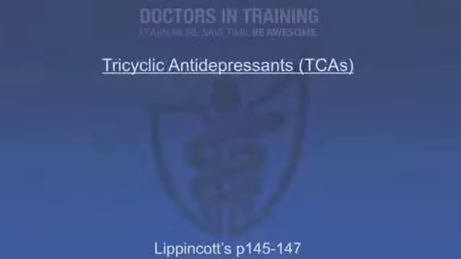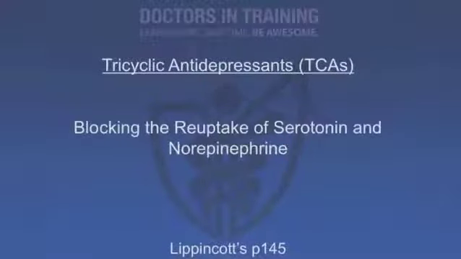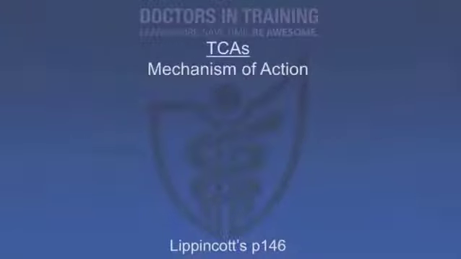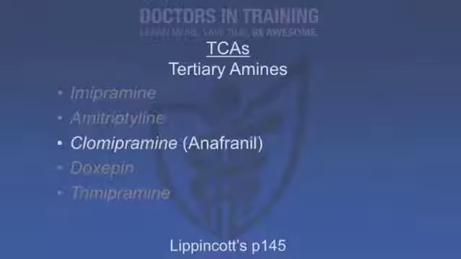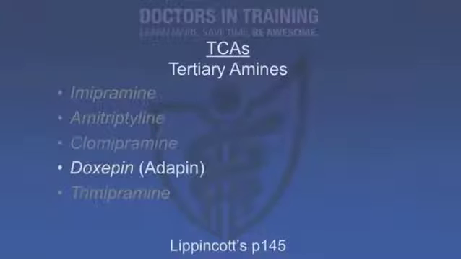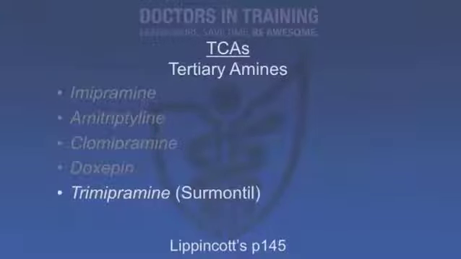Next, we will talk about tricyclic antidepressants. Tricyclics work by blocking the reuptake of serotonin and norepinephrine. Their mechanism of action is similar to venlafaxine and duloxetine, but they differ because of their side effect profile. This class of medication includes your tertiary amines, which include imipramine, amitriptyline, clomipramine, doxepin, and trimipramine.